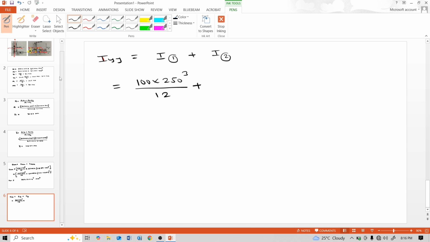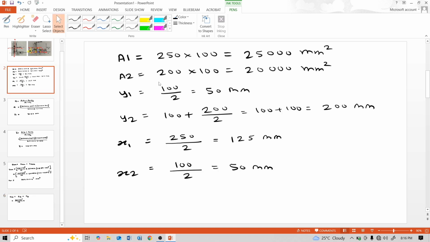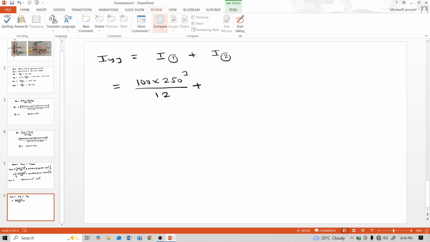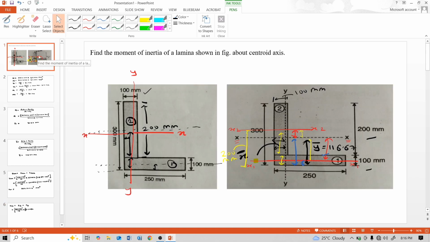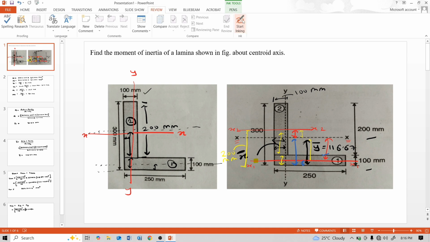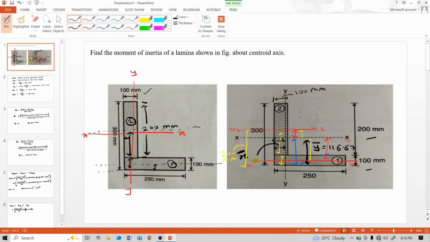Plus area of this A1 part, 25,000, multiplied by the distance from this YY axis.